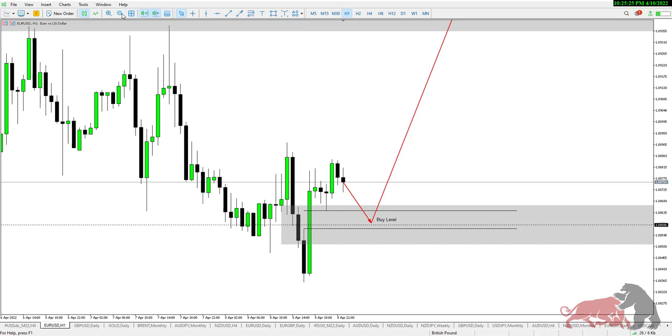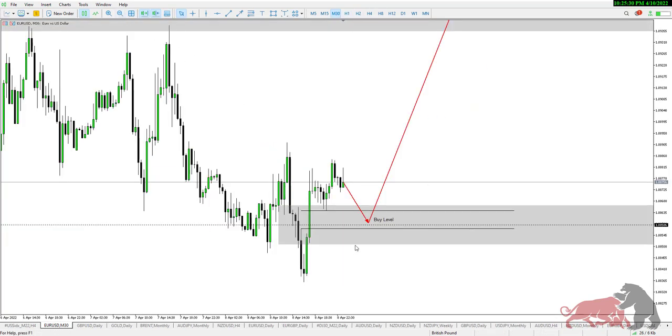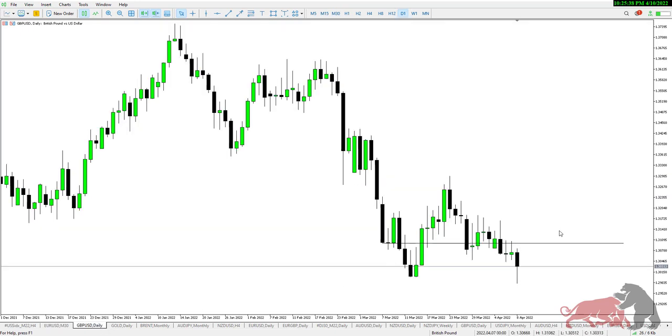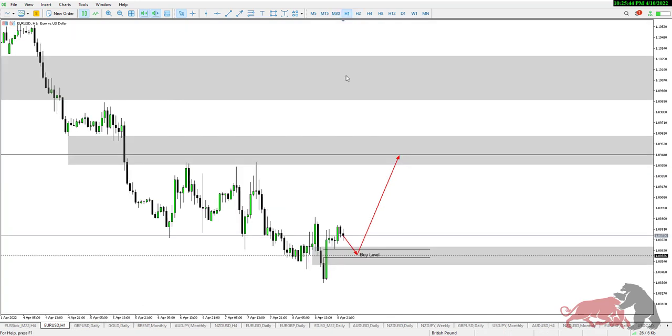I'll also be keeping an eye on this pair from tomorrow so that we get to see how SMT divergence really works out. And if that happens, then that will be a very good lesson for you guys, because I've picked it up on a lower time frame, which is daily. Normally we use monthly and weekly divergence for our analysis.